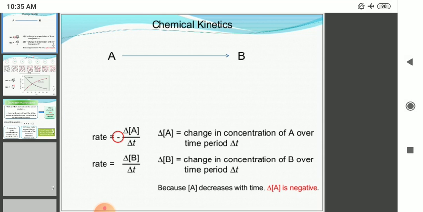So this is the reason why we write a minus sign for reactants, and for products we take the plus sign. Delta concentration of A is the change in concentration of A over the time period delta T, and the same for B we have written the change in concentration of B over the time period delta T. That is why we have taken the minus sign in front of delta A.